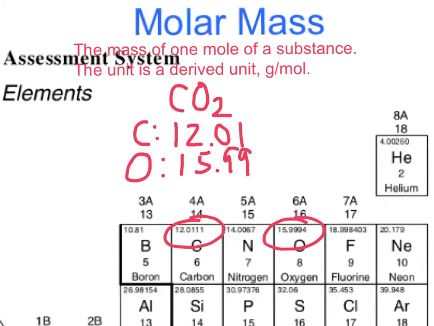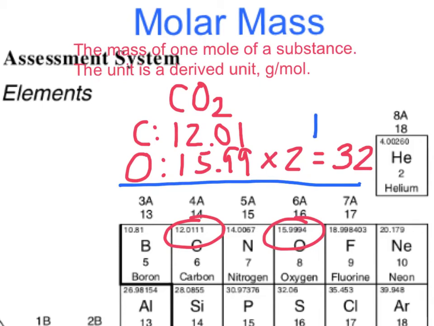But I don't. I have 1 C and 2 O's. So guess what I do? I multiply that by 2, and I know that 16 times 2, I'm going to round here to 32. Okay? So the carbon is contributing about 12 grams, and the oxygens are contributing 32. Guess what I do to get the whole big bad molar mass?